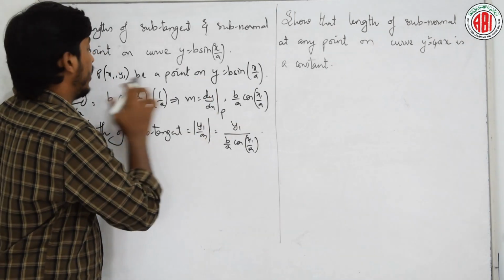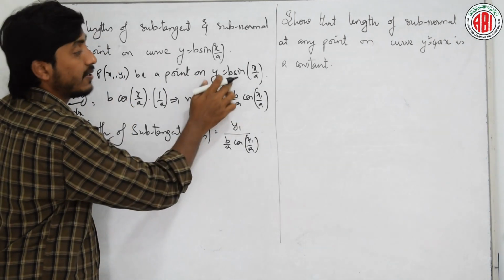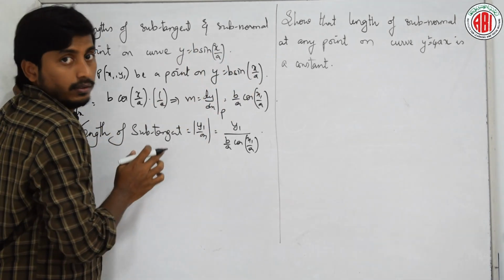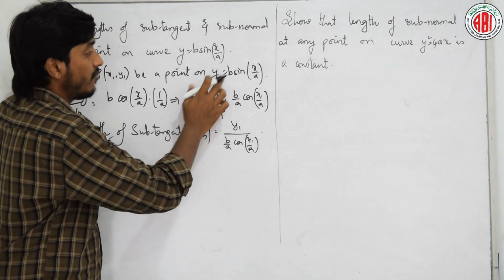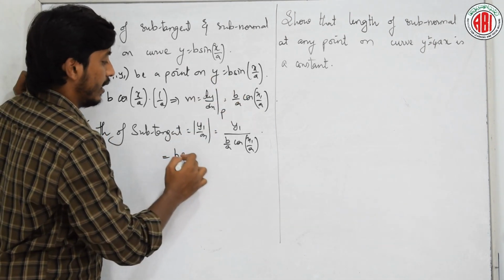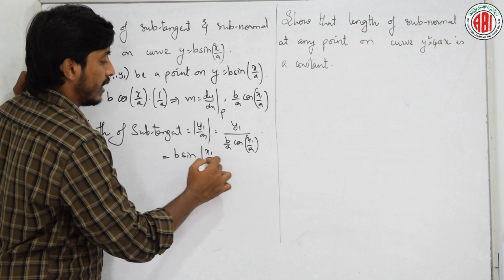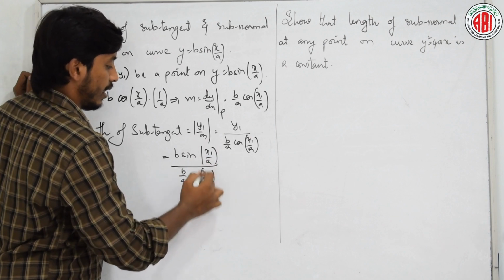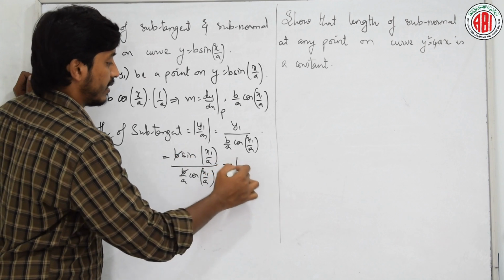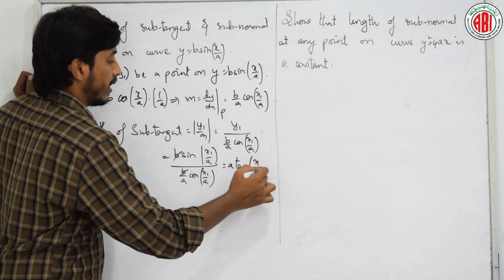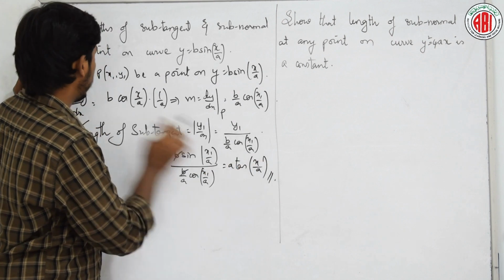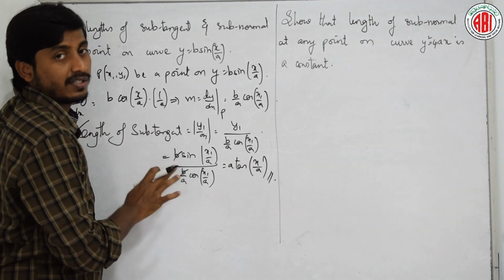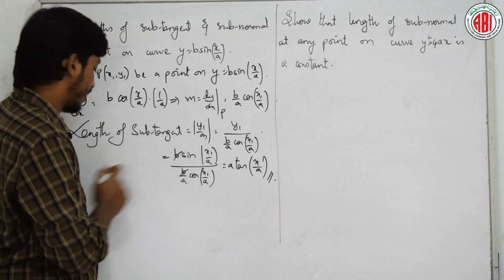Now, since this point lies on the curve, y1 is equal to b sin x1 by a, right? Then y1 by m is b sin x1 by a by b by a cos x1 by a. b will get cancelled. I will get a tan x1 by a. This is the length of subtangent. Okay, the simplification is important and it gives the actual answer.